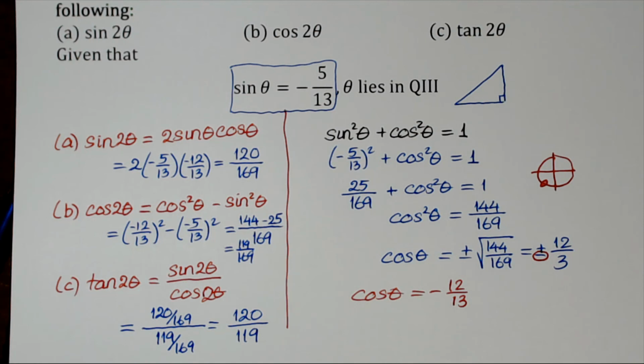So multiply straight across. 12 times 5 will be 60 times 2, 120 over 169. Next, we have cosine square minus sine square.